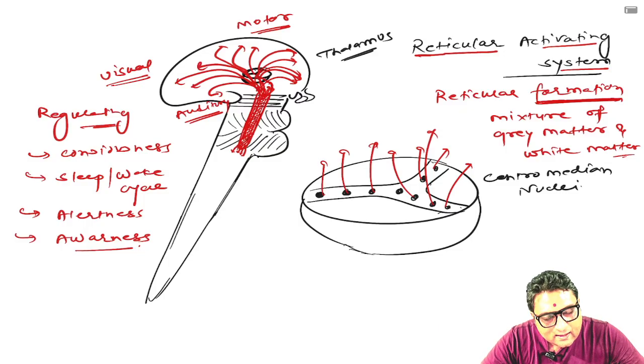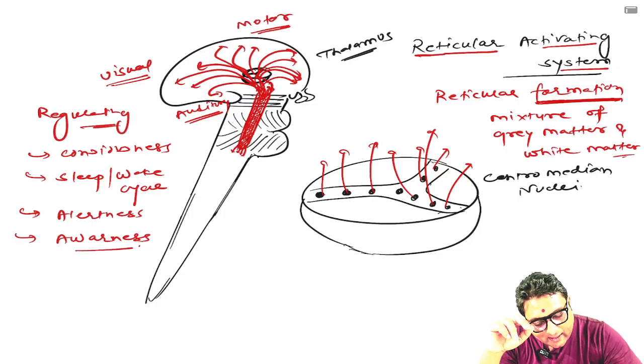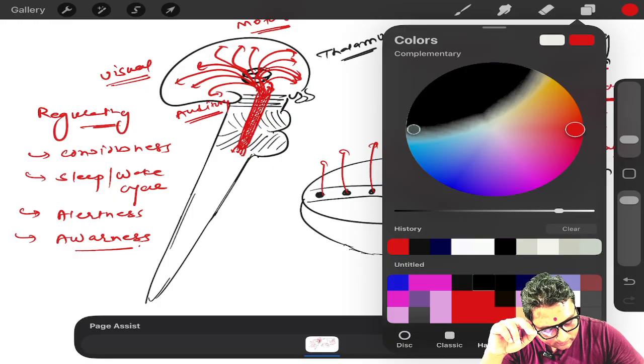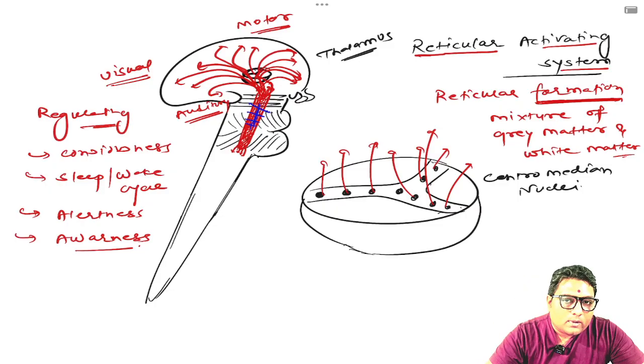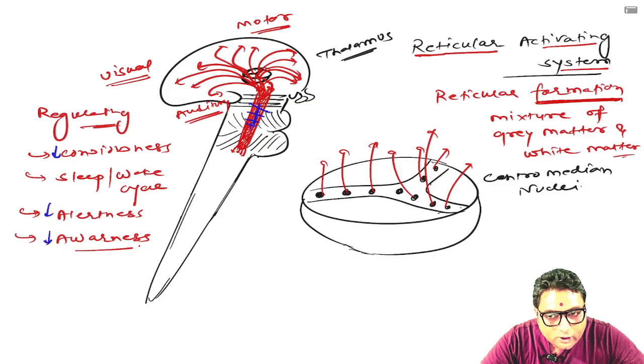Now, what is the clinical significance of this reticular formation or reticular activating system? If there is any damage to the brainstem within the reticular formation, consciousness, alertness, and awakeness reduce.